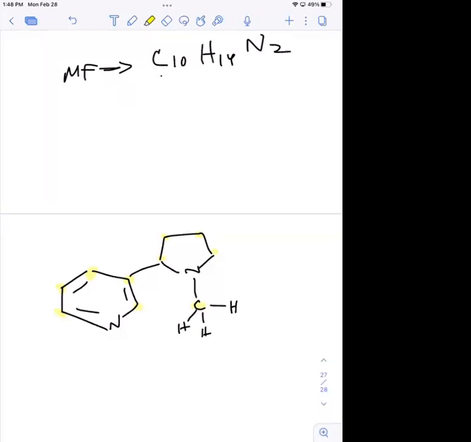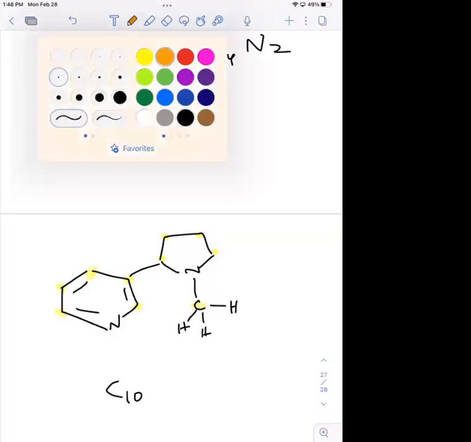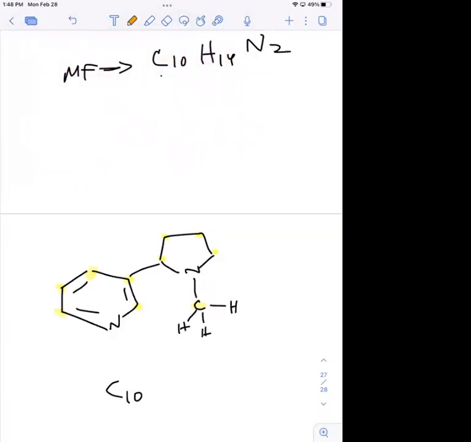So how many carbons is that? Let's count them up. So it's 1, 2, 3, 4, 5, 6, 7, 8, yeah, 10, right? So that part we've proven that it's C10. All right, now on the ring, everywhere that there's no atom indicated, there's a hydrogen. So this is H, this is H, this is H, and that's H. Right, so there's 1 hydrogen on each one of these carbons.